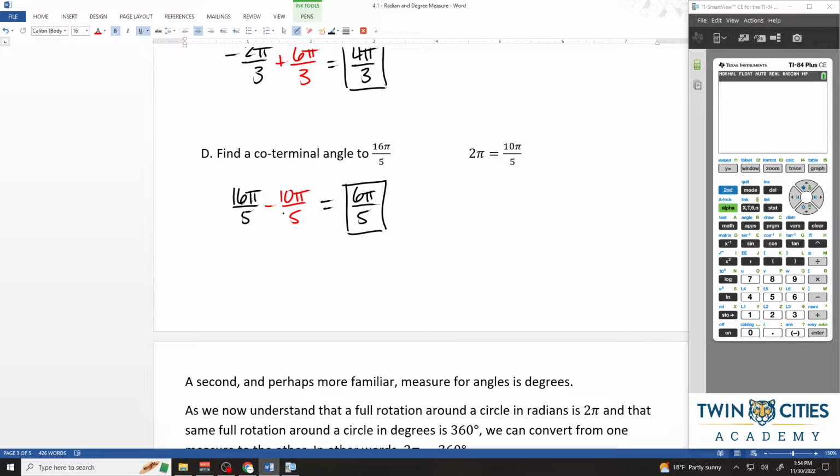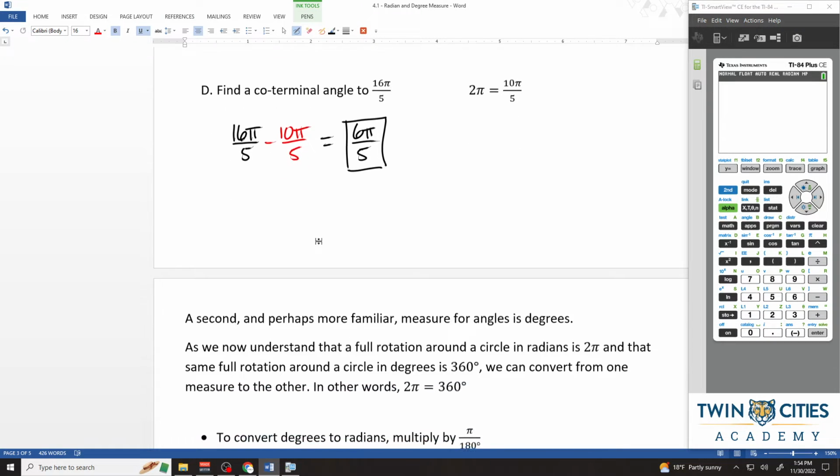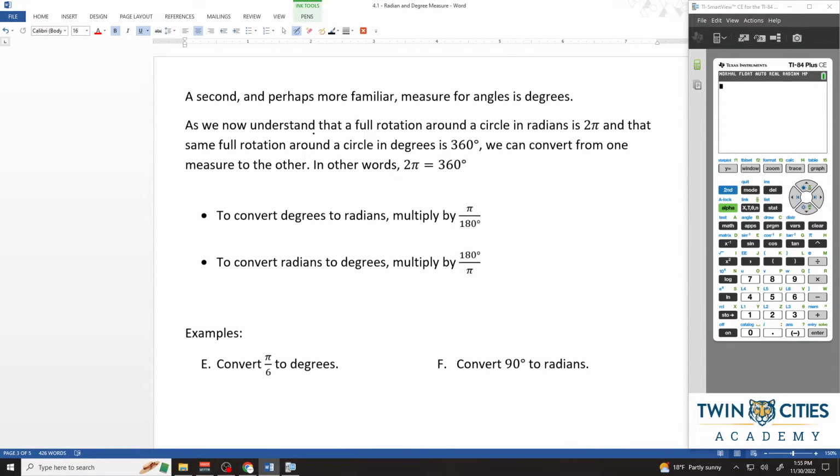Now, you may be more familiar with degrees at this point. Most people are. So a second and more familiar measure for angles is degrees. As we now understand that a full rotation around a circle in radians is 2 pi, and that same full rotation around a circle in degrees is 360 degrees, we can convert from one measure to the other by using this: 2 pi equals 360 degrees, or if we reduce this, pi equals 180 degrees.